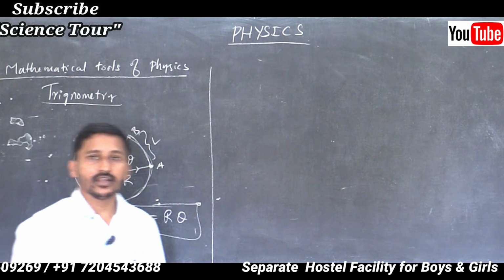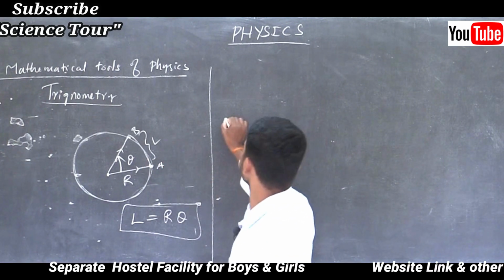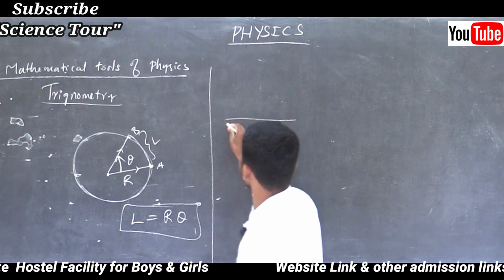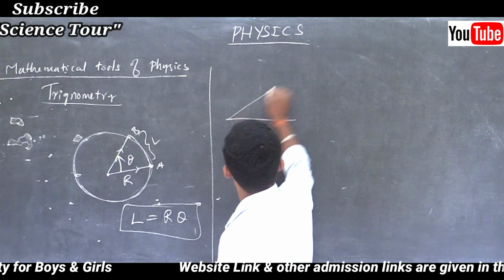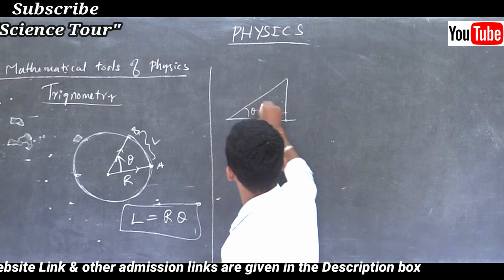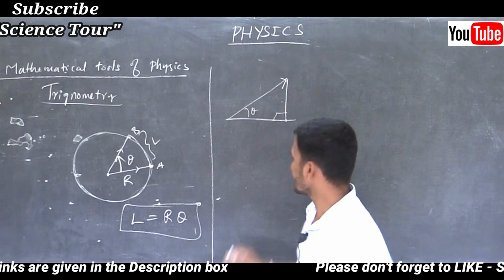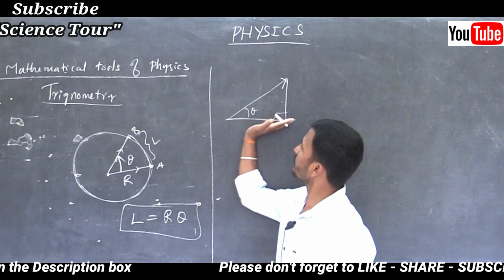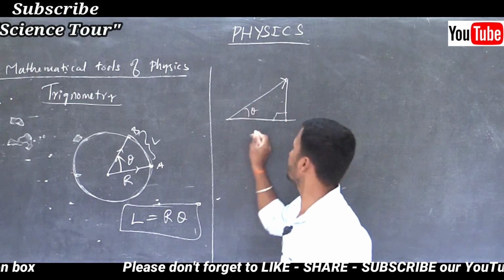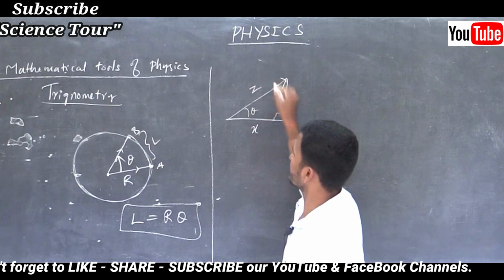Now, if I consider a right angle triangle, in this way, so it is a right angle, and here some angle is made. What is the variation of this line? I will write it as x, I will write it as y, I will write it as z.